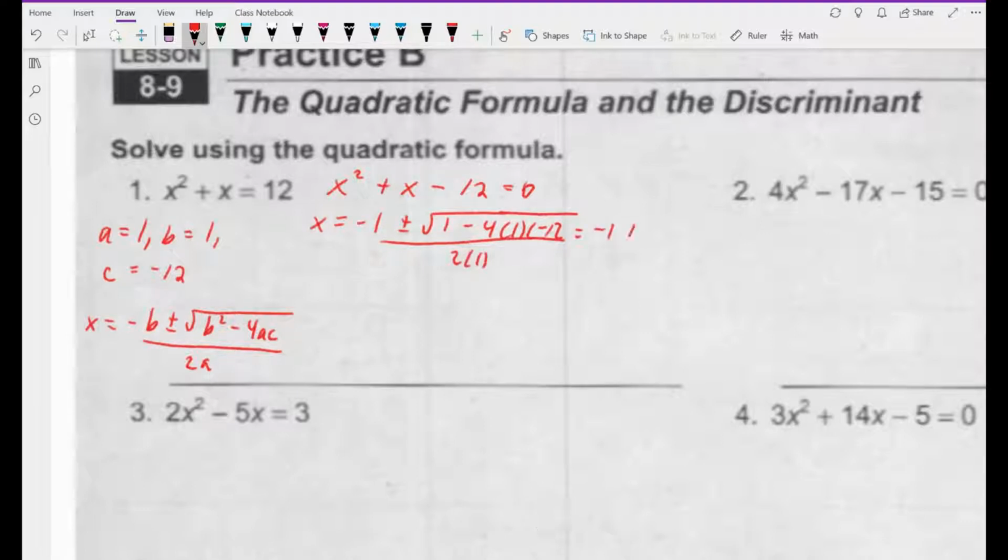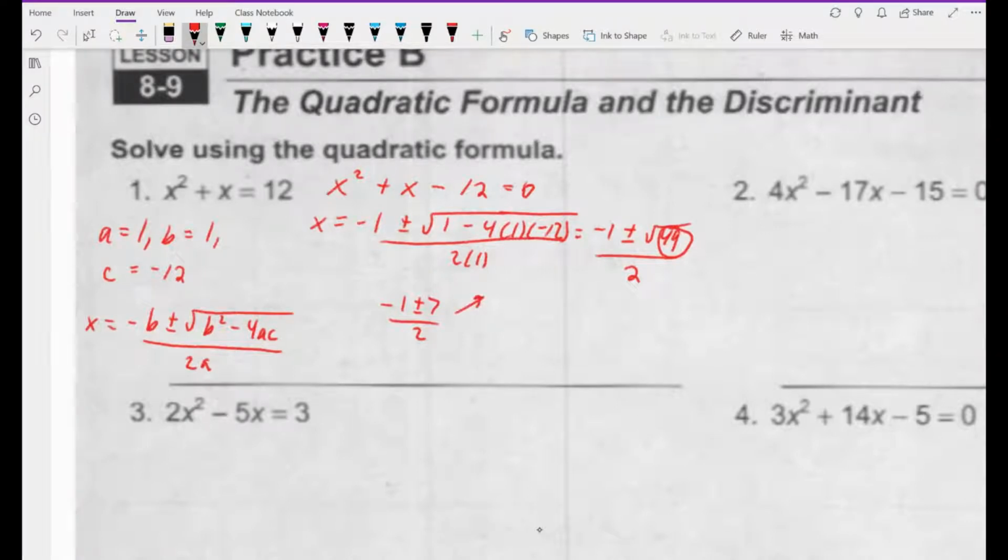So it would be minus 1 plus or minus. If you look inside the discriminant, minus 4 times 1 times minus 12 is a positive 48. So 1 plus 48 is 49, all over 2. The square root of 49 is 7. So we have minus 1 plus or minus 7 over 2.